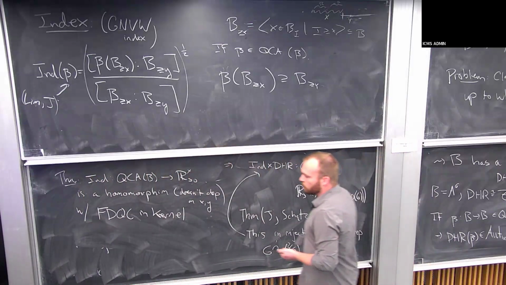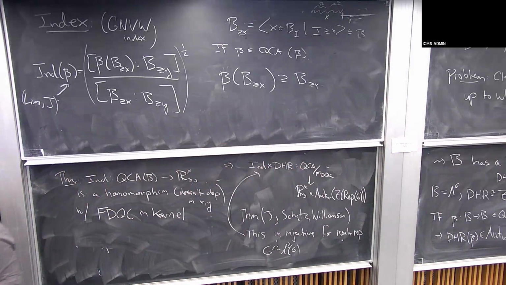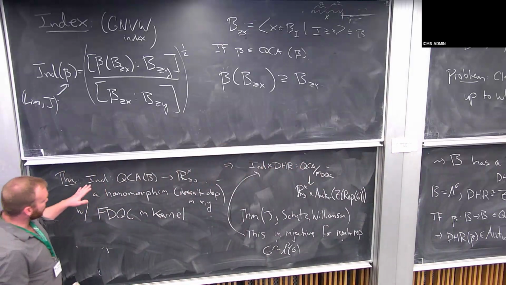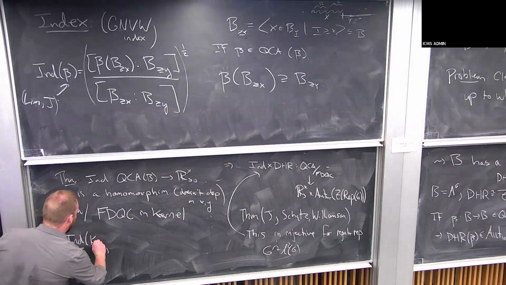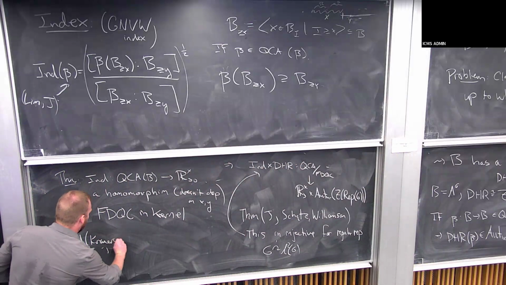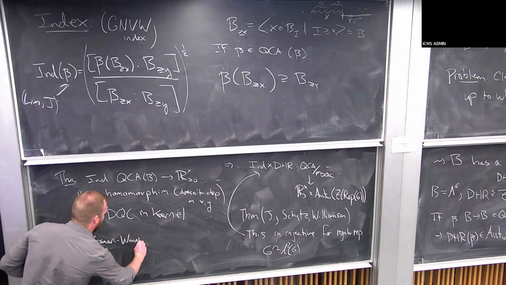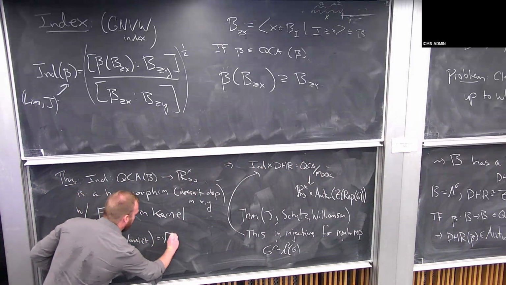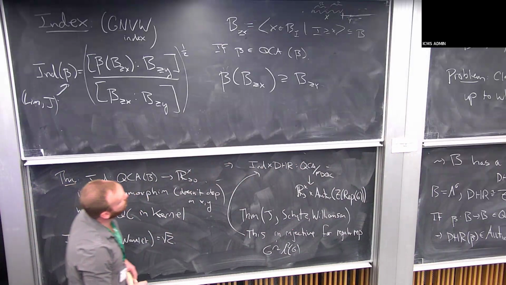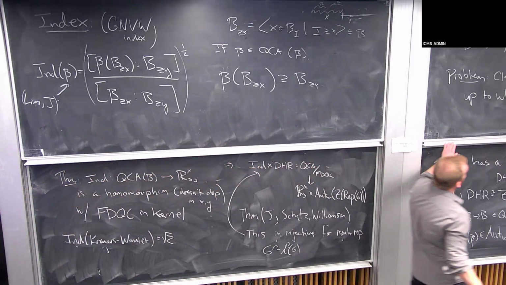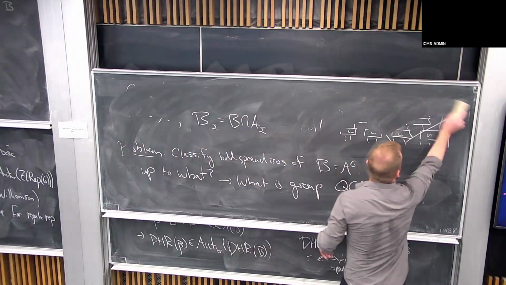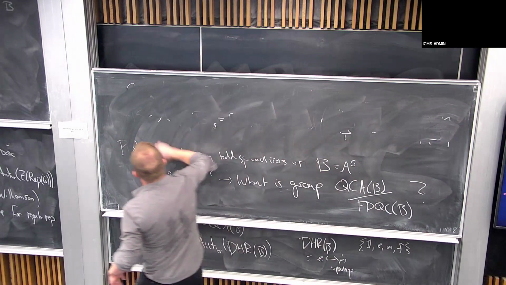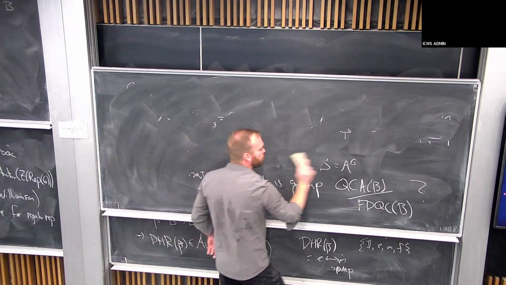So yeah, now let me give you some examples. We have Kramers-Wannier already, and in that case, I should say, the index is square root of 2. So let me give you a nice generalization of Kramers-Wannier that's very much related to Tambara-Yamagami categories. And in this case, I'll choose my group G to be abelian.